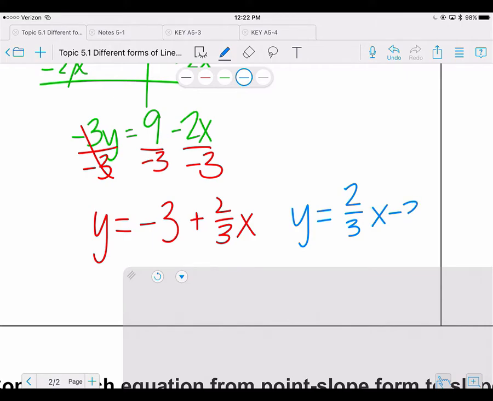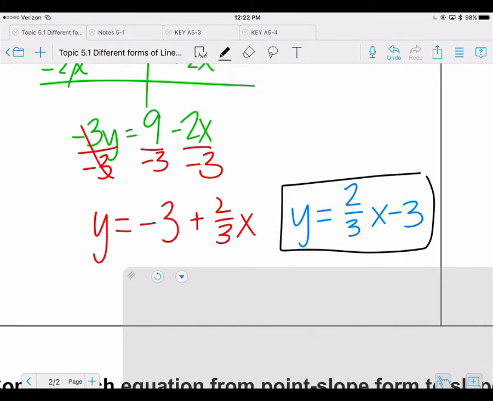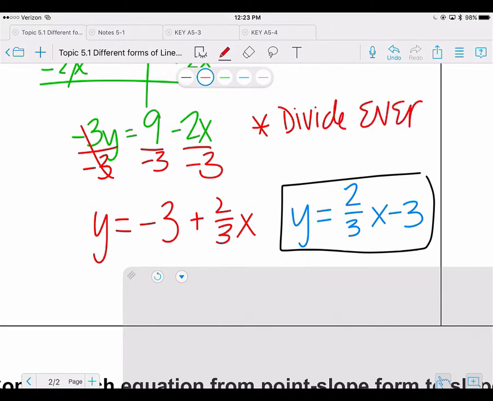Either of these are acceptable. Technically, for slope-intercept, x comes in front, but just because it's written backwards doesn't mean it's wrong. Again, make sure here that you divide every piece by -3.